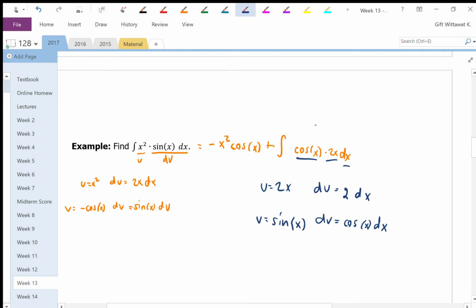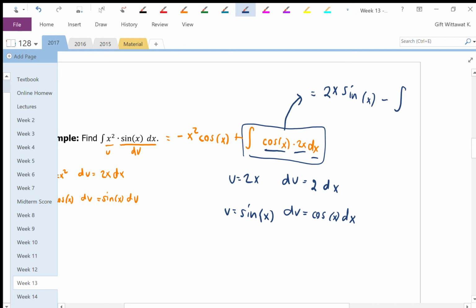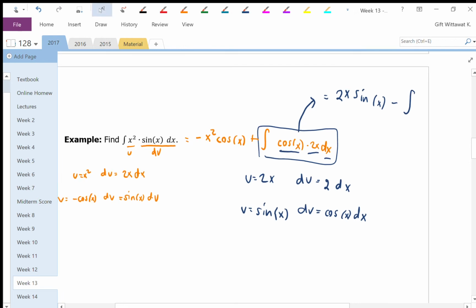So just this second part, this box, is going to equal u times v, which is 2x sine of x, minus the integral of v du. That's going to be sine x times 2 dx.